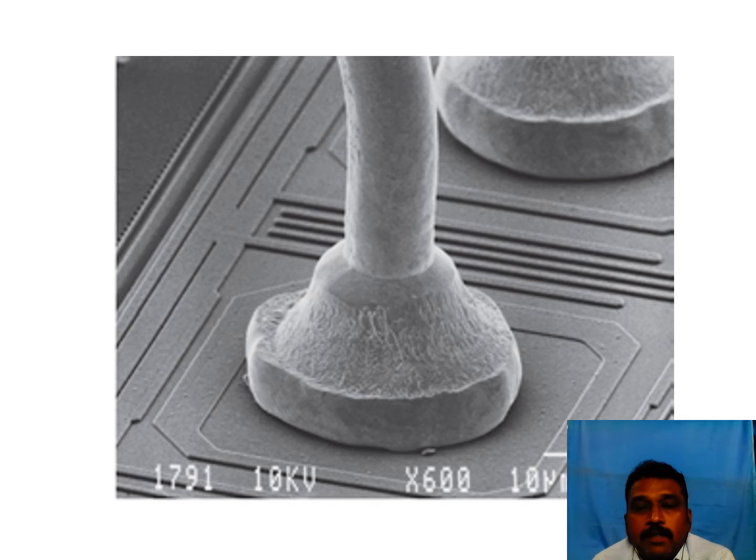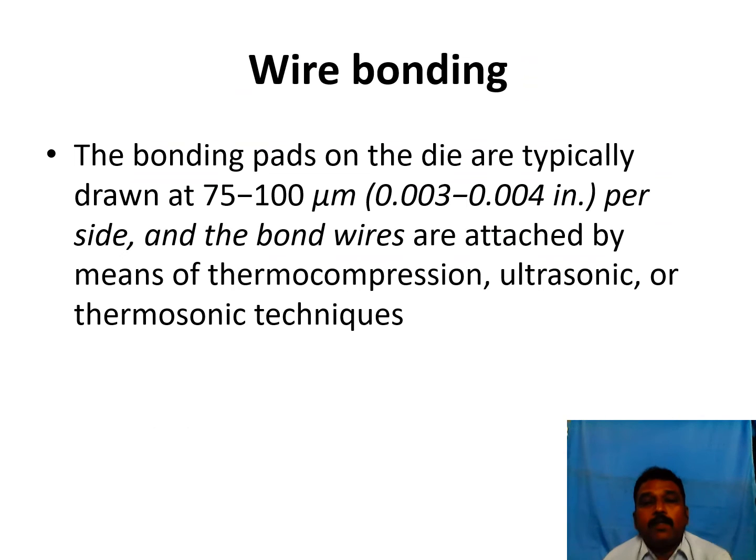You can see the etched parts created on the surface. In wire bonding, the bonding pads on the die are typically drawn at 75 to 100 microns per side. They were attached by means of thermocompression, ultrasonic, or thermosonic techniques. This is how the bonds were attached to the wafers or the IC substrates.